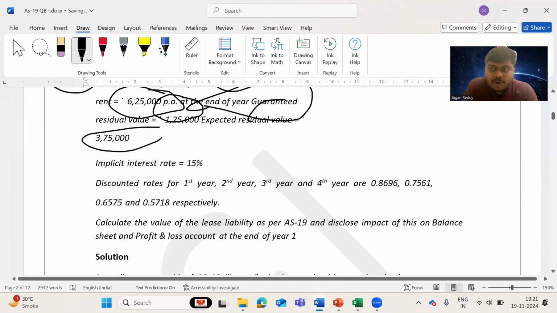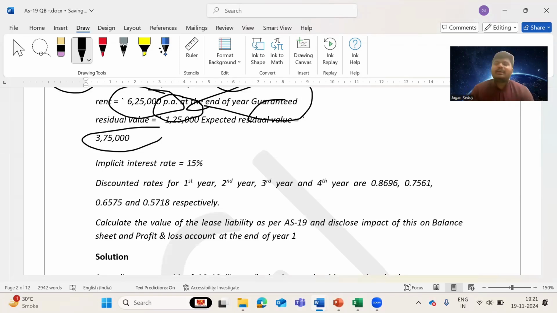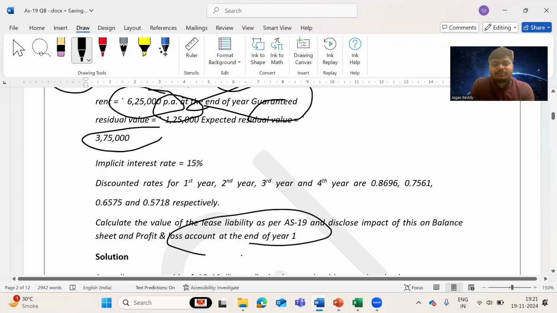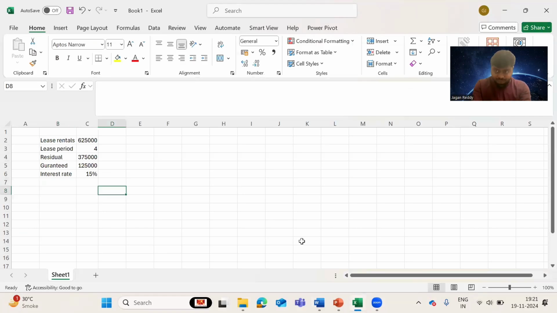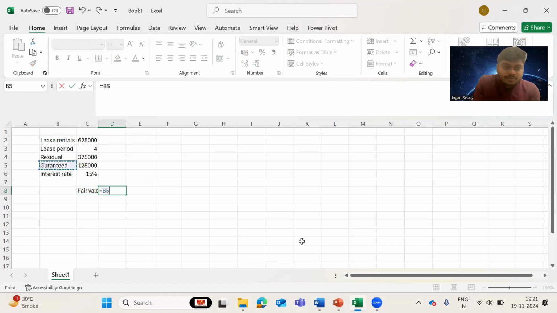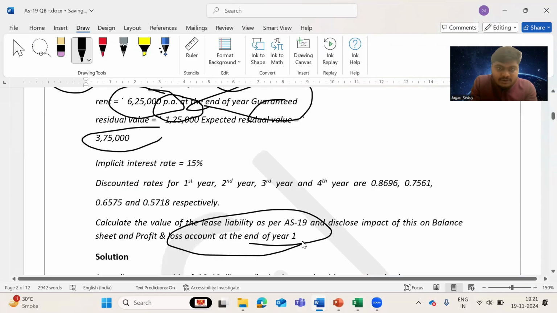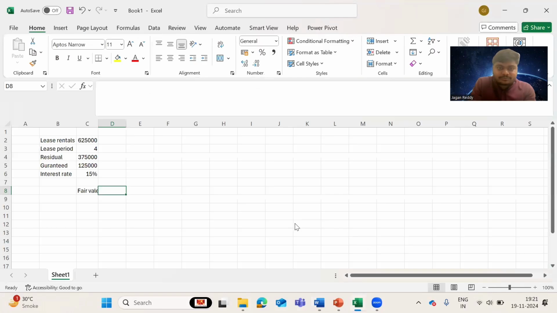Calculate the value of lease liability as per AS 19 as well as journal entries at the end of the year. First, you should consider lease liability. Fair value of an asset will be 20 lakhs.